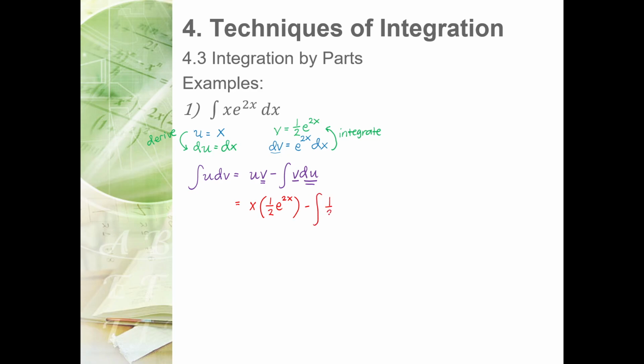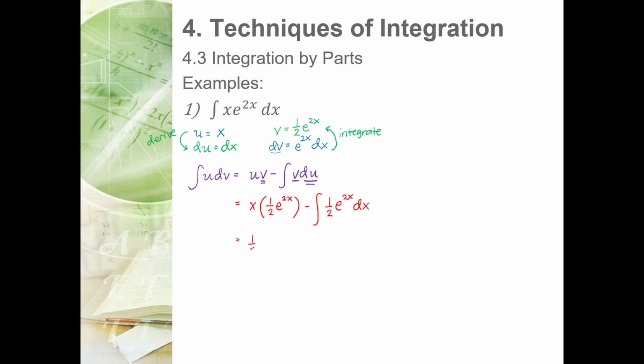So 1/2 e raised to the power of 2x, times du, that will be dx. Simplifying the equation so that we can see if we need to do some advanced techniques or some basic stuff only.